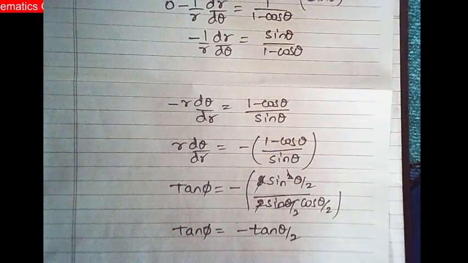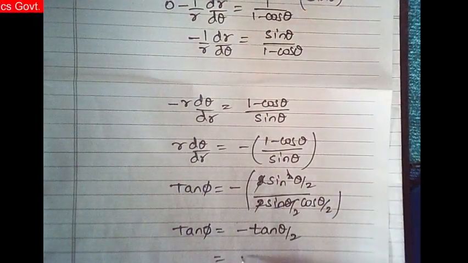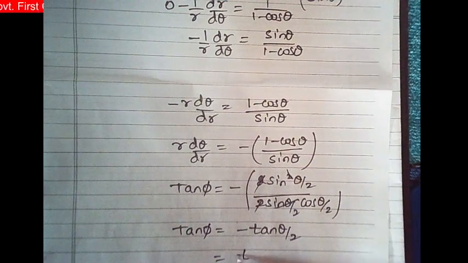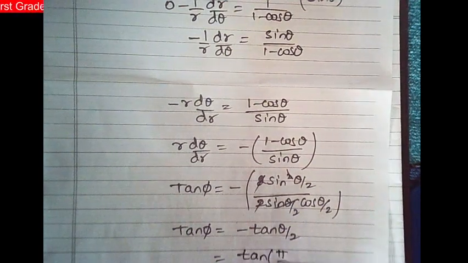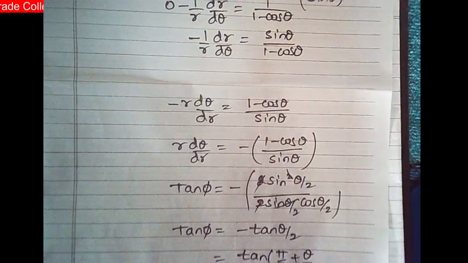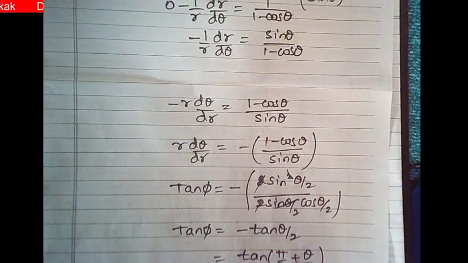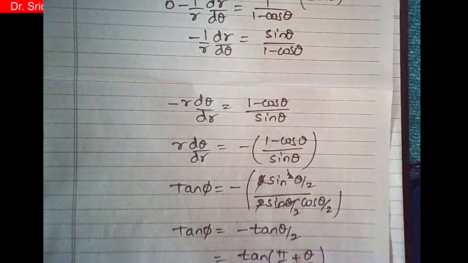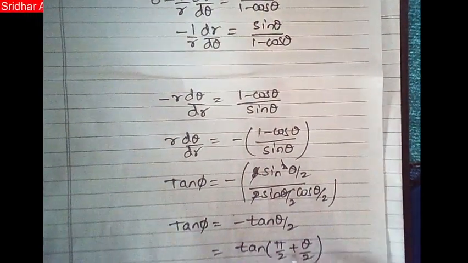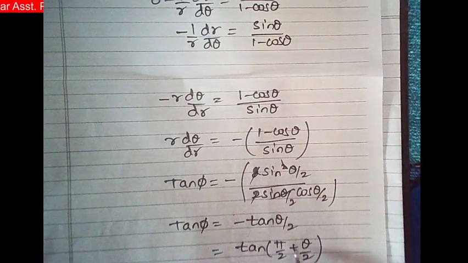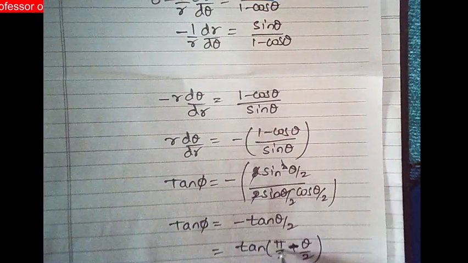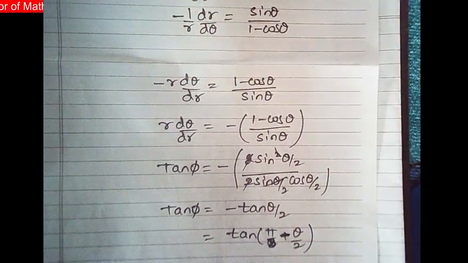This can be written as, minus tan theta/2 can be written as tan of (pi minus theta/2).